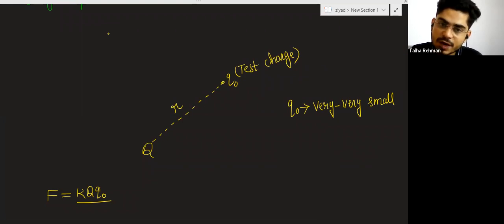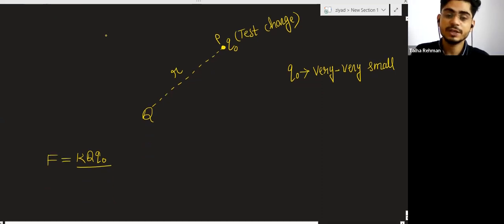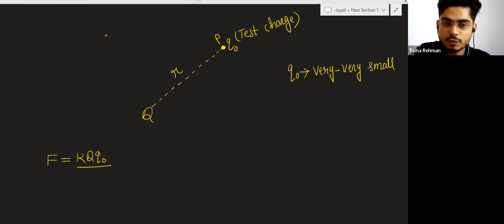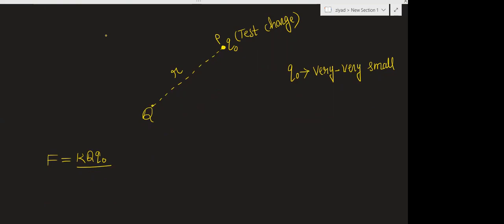I want to find the electric field at this point P, where a very, very small test charge is placed. First you calculate the force, using Coulomb's law: K Q Q naught by R square.